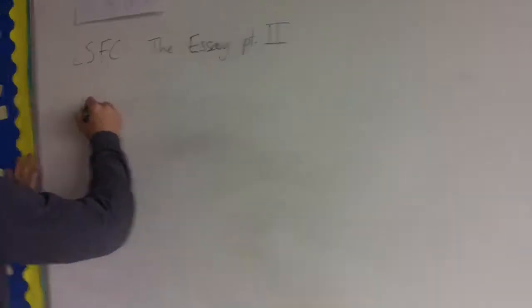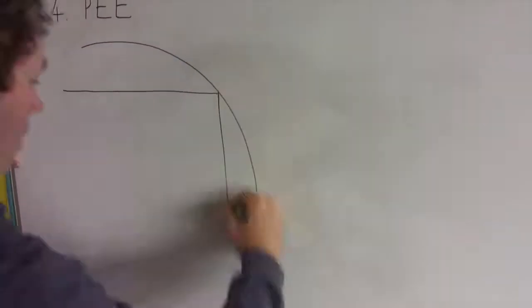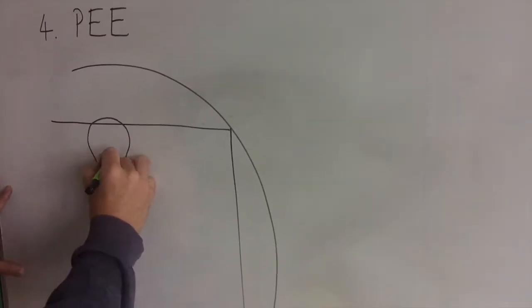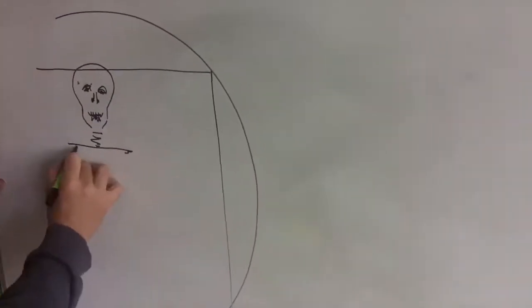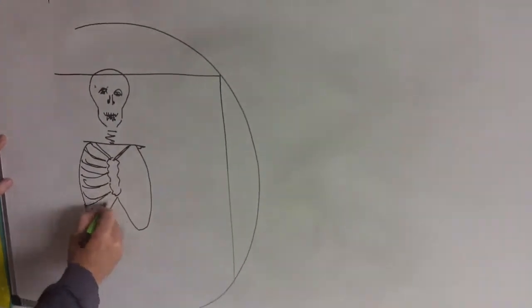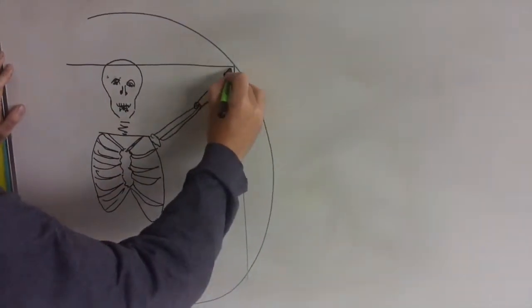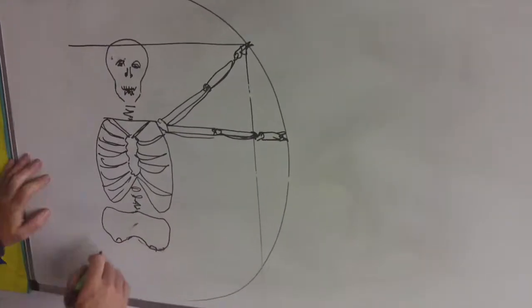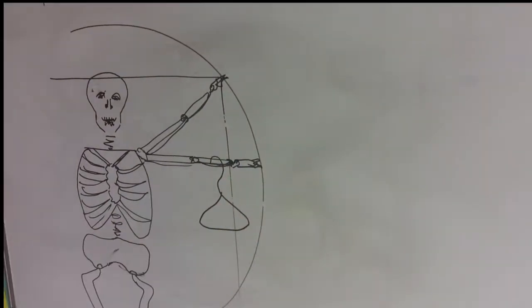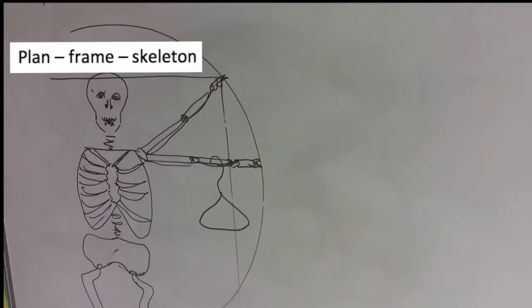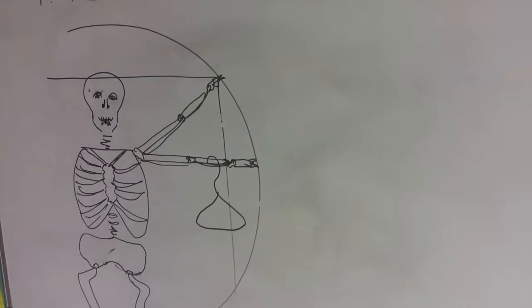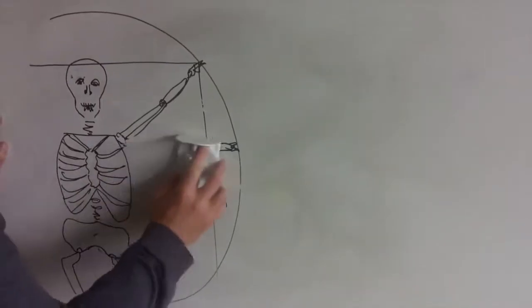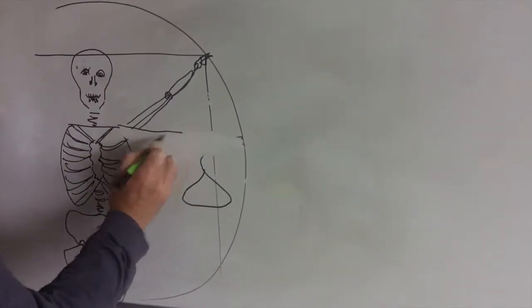I have mentioned PEE, but I want to say a bit more, and that's about PEE and responsibility. Essays are a serious business. Indeed, depending on how you do depends on which university you go to. Clearly, it's important to get your points right because they're the bones of your structure, what you hang everything else on. So responsibility here is your duty to prove your point, and this is about evidence.